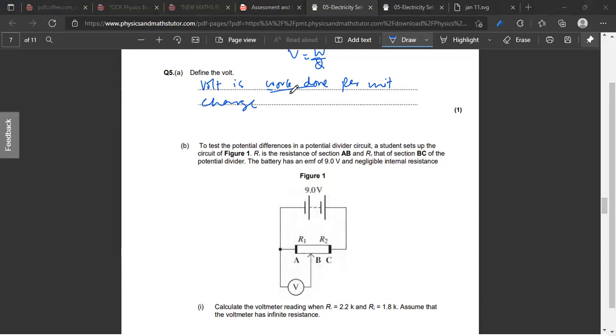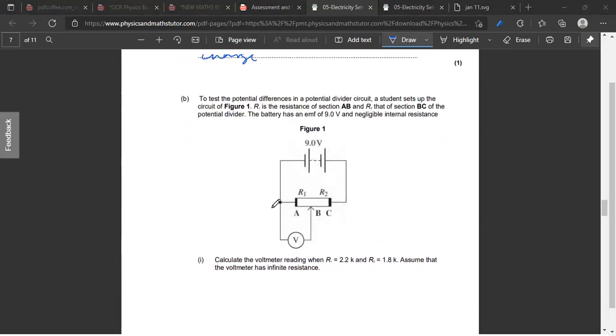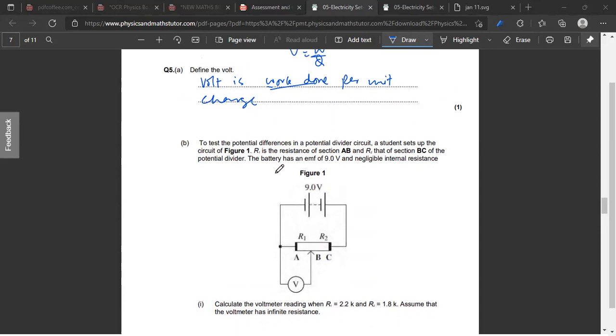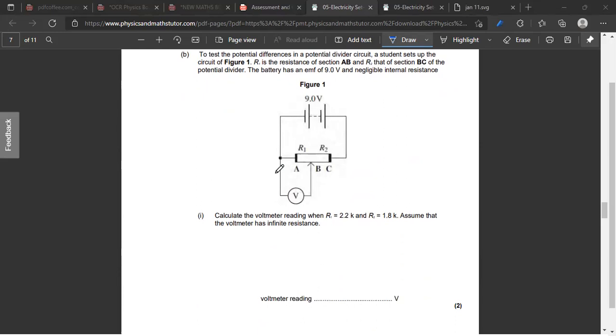I think I got question 5BI correct, but just to be sure, can you go over it? They say it's like a potential divider again. A student sets up this, so R1 is the resistance of AB and R2. Can I tell you what I did? Because R1 is in the area of the potential divider, I did 2.2 plus 1.8 is 4, so that's the total.